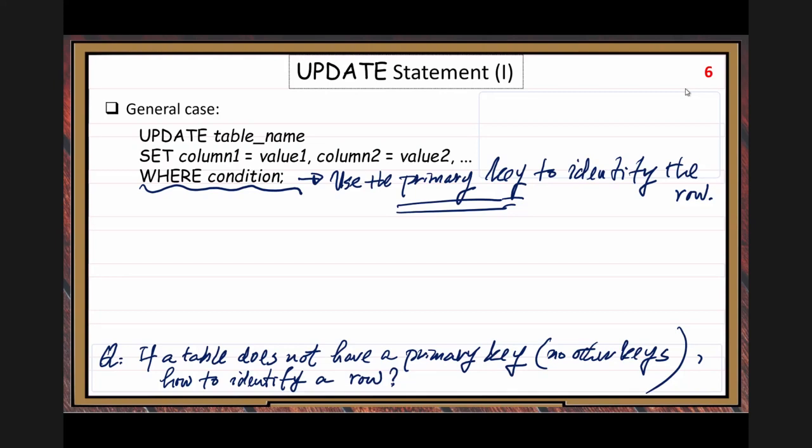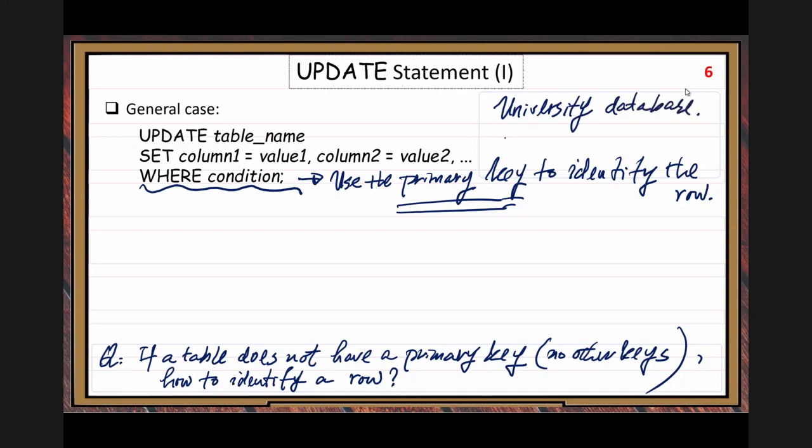Because in our project 2, we need to answer this question. In our project 2, we have 5 tables. We work on a database called the university database. I will give you the database script.